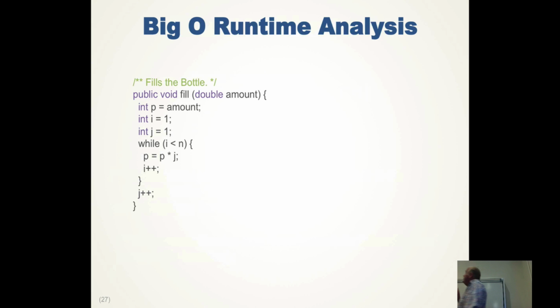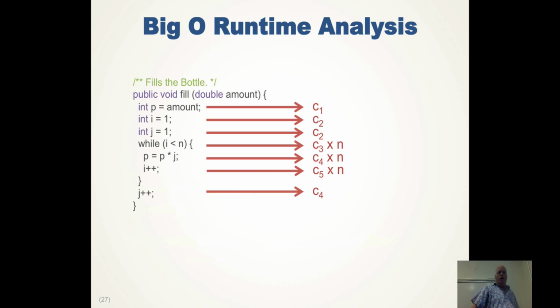What's the big O of this code? N, right? How do we know? How many times do we do the while statement? We're going to do it n times.